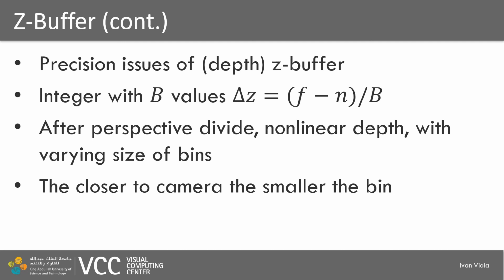Sometimes the Z buffer has not sufficient resolution, and in such a case, two different depths in the, so to say, high resolution float coordinates might map to the same depth of the Z buffer.